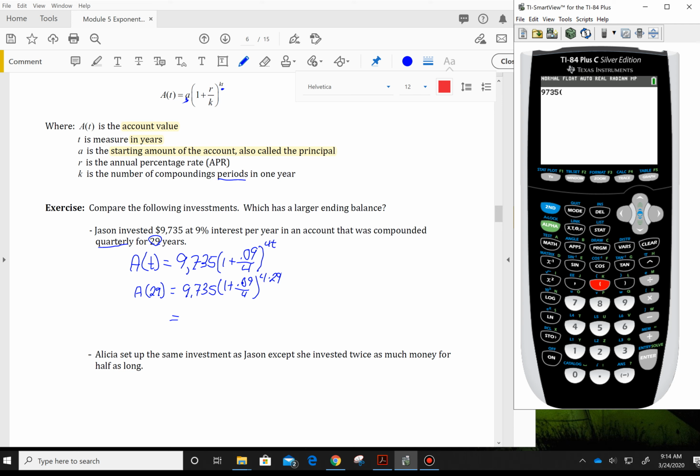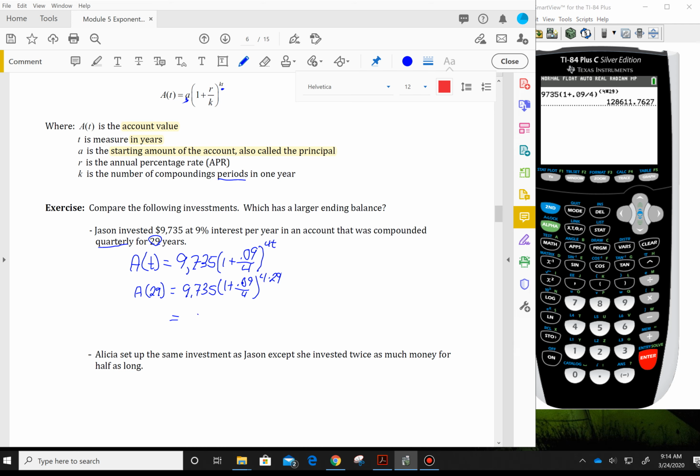So we have our starting amount, the 9,735, 1 plus our interest, 0.09, divided by the number of compounding periods per year, raised to the exponent of 4 times 29. Now, everyone's calculator is different. My calculator specifically lets me know I'm working on an exponent, but if yours does not, you may need to put parentheses around this so that your calculator knows that the 4 times 29 all belongs as an exponent.